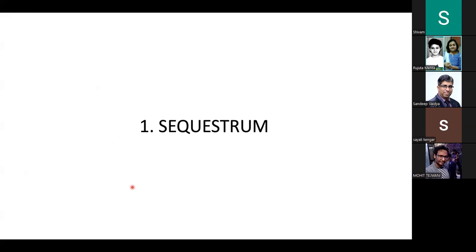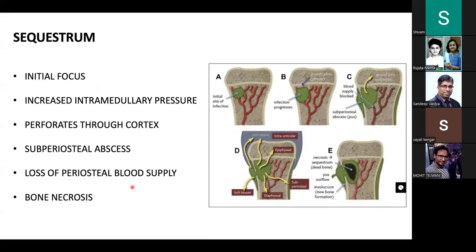So coming to sequestrum, I'm sure you all know how a sequestrum is formed. In acute osteomyelitis, there is an initial focus, most commonly in the metaphysis. This leads to increased intramedullary pressure. Once the pressure exceeds a certain point, the exudate of this infection perforates the cortex. This leads to elevation of the periosteum and formation of a subperiosteal abscess. Now, because the periosteum is lifted off, the blood vessels which pass from the cambium layer of the periosteum to the cortical surface of the bone are disrupted.